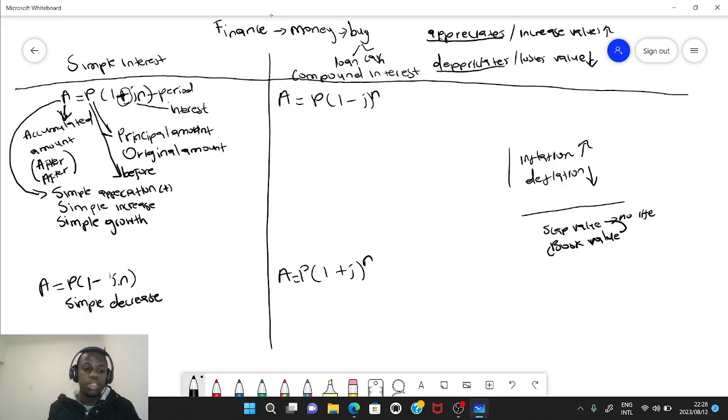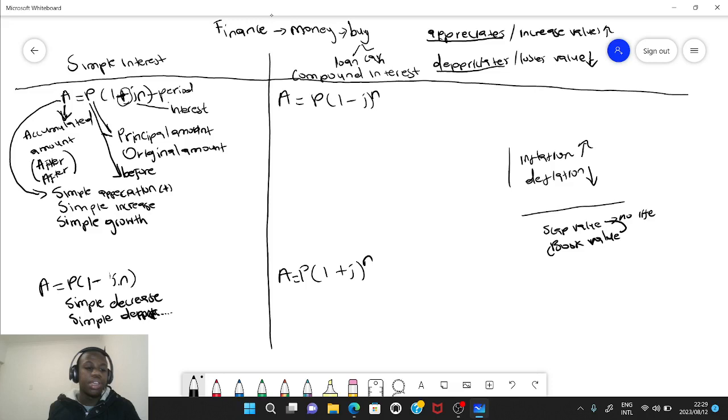And if we don't want to say a simple decrease, because it is not appreciating, it is depreciating, we have a simple depreciation. And lastly, instead of having a growth, we'll have a simple decay.